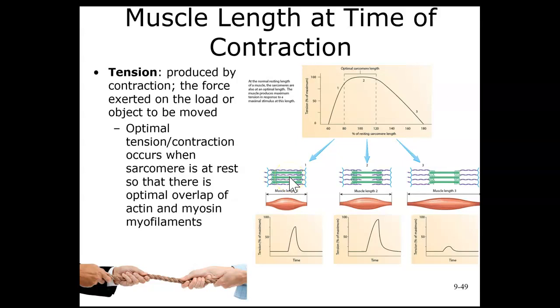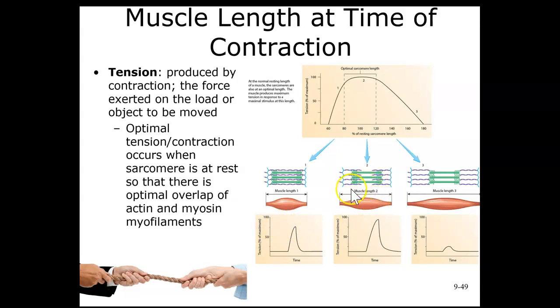Our myosin myofilaments are running into the Z discs, and the actin myofilaments are interfering with one another. I mean, they're like right at the tip there. And so this reduces the amount of cross bridges that can take place. So we get about 75% of tension taking place here.